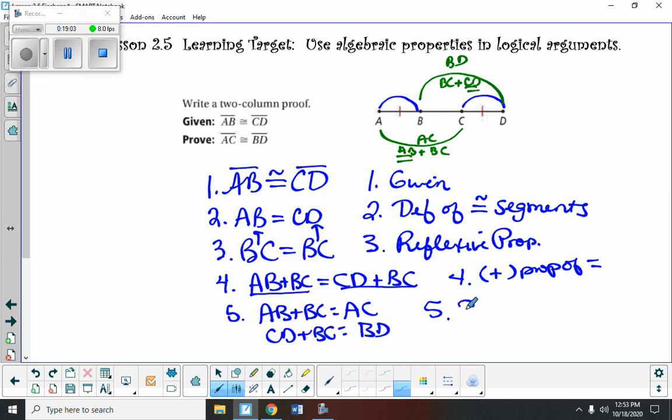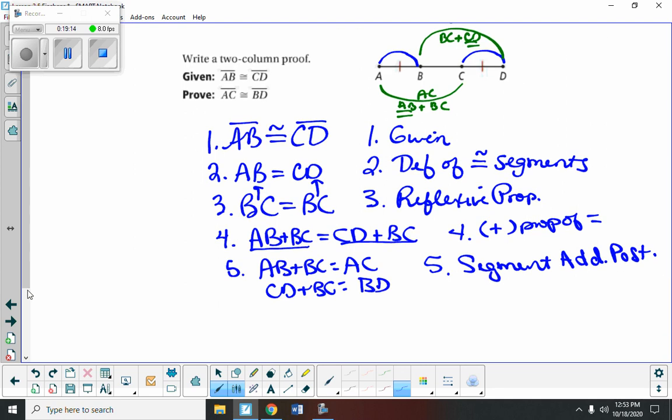That is the segment addition postulate. And so instead of writing AB plus BC, I'm going to put in what it's equal to, AC. And instead of writing CD plus BC, what is that equal to? It's equal to BD. So I substituted in there equal amounts.